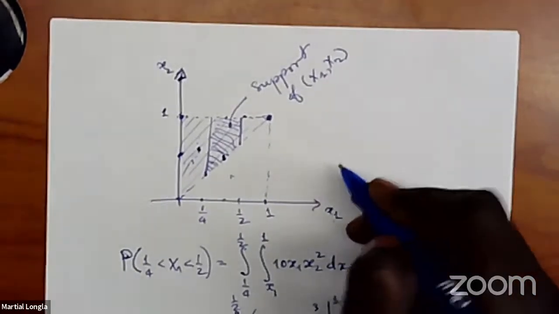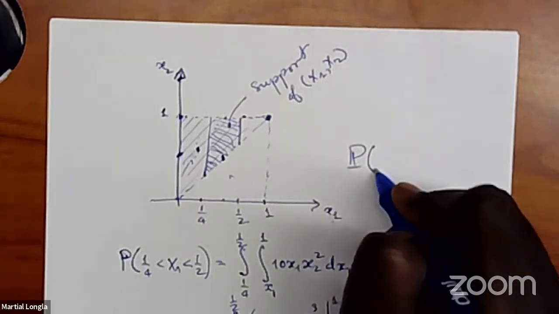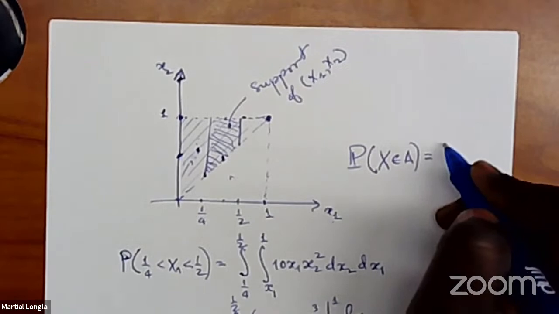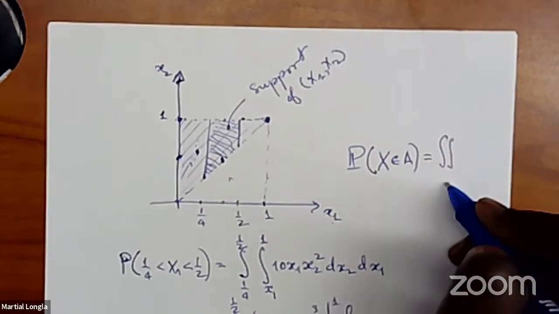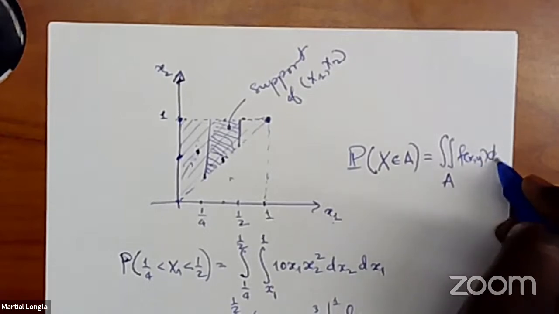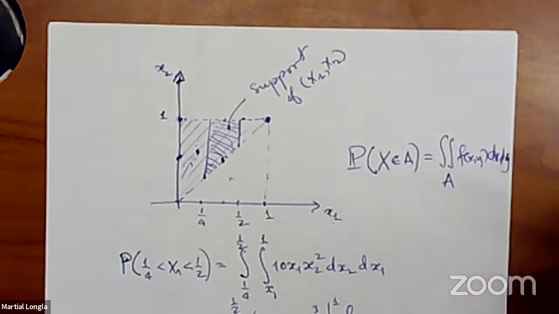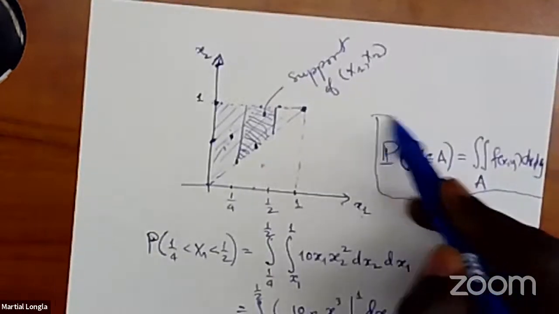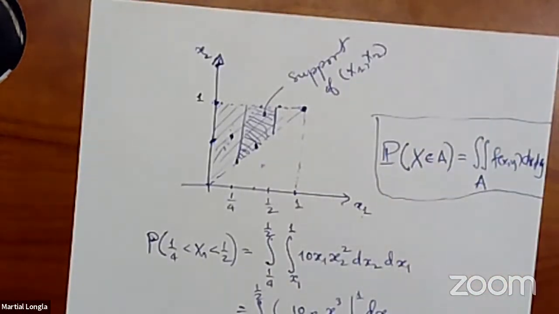You always remember that the probability that a vector x belongs to a set A equals the integral over the set A of f of x, y, dx, dy. That's the definition you always think of when you have a set and you have a joint density, to avoid having too much work.